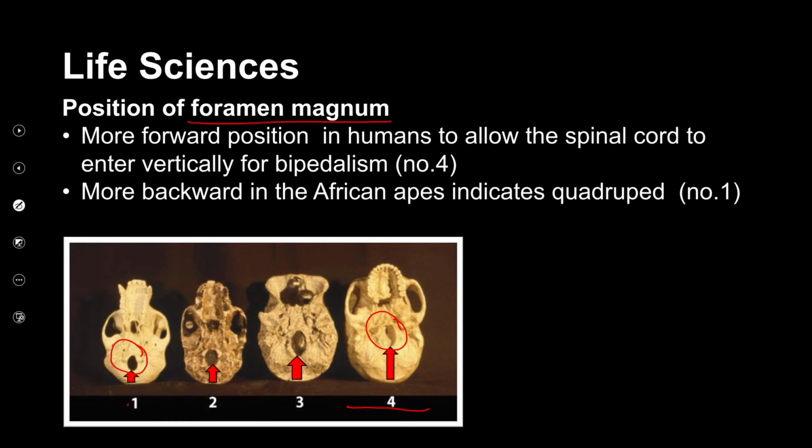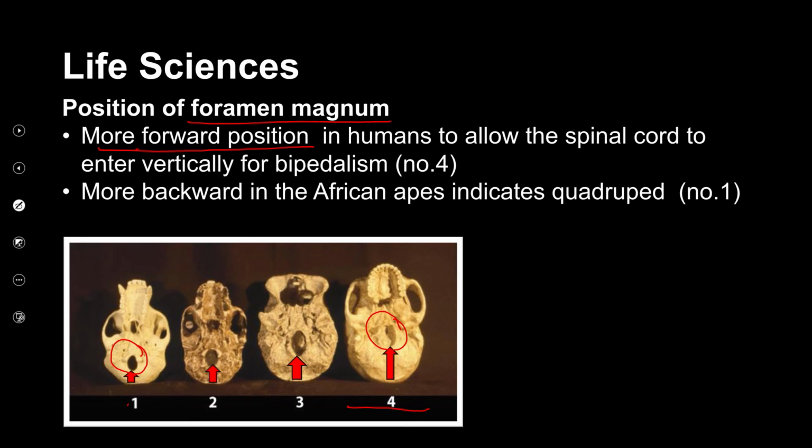We have specific terminology for the human one: we say it is in a more forward position. We don't talk about center, in the middle. We say a more forward position, and that allows the spinal cord to enter vertically.